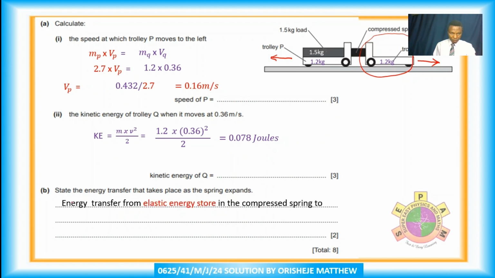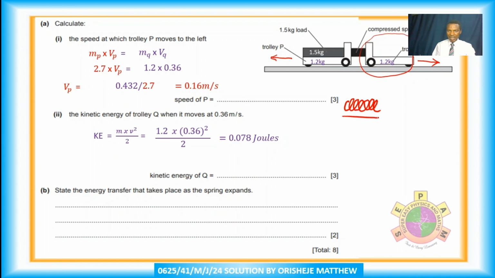Now, state the energy transfer that takes place as the spring expands. This spring is in between the two trolleys. As the spring expands, its length grows longer.